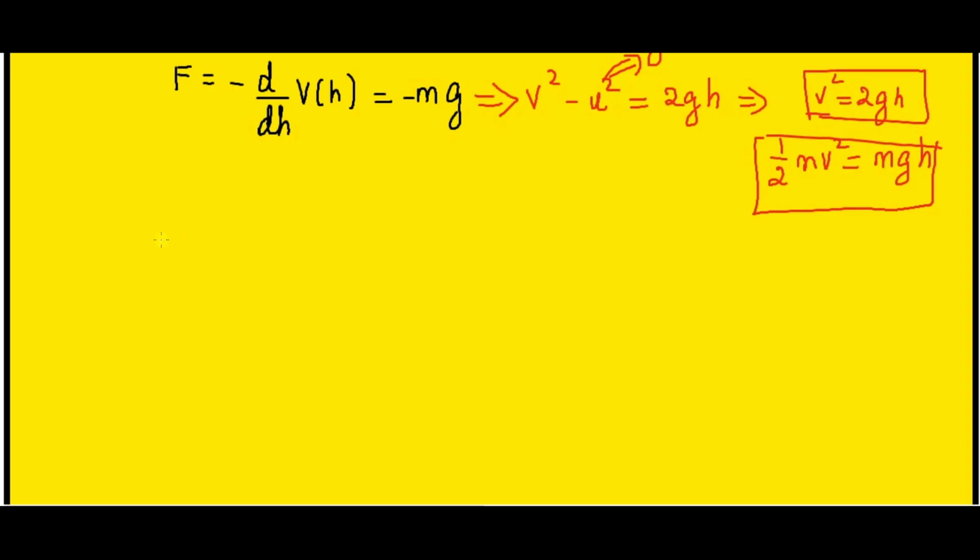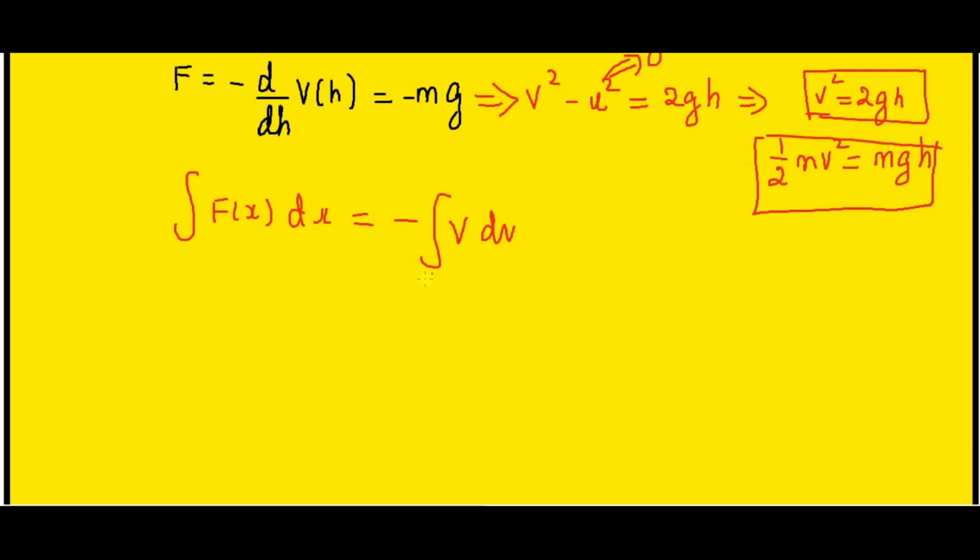The potential energy V further for the f of x can be written as integral of f of x into dx is equal to minus integral of dv.